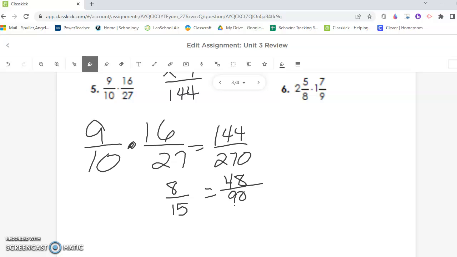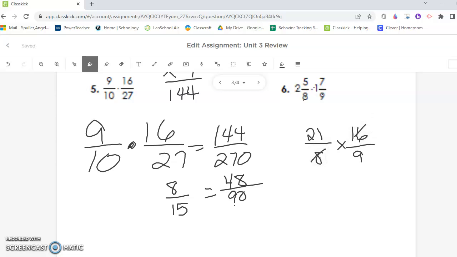got it correct. Remember, you've got to make them into improper fractions. So 8 times 2 is 16 plus 5 is 21 over 8, and 9 times 1 is 9 plus 7 is 16 over 9. Now, remember how we talked about how we could simplify these down before we multiply?